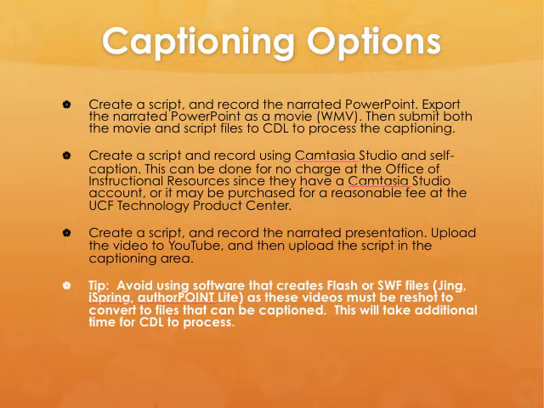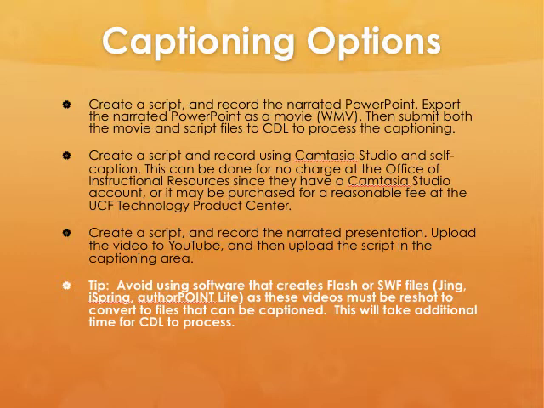Another option, create a script and record using Camtasia Studio and self-caption. This can be done for no charge at the Office of Instructional Resources, since they have a Camtasia Studio account, or it may be purchased for a reasonable fee at the UCF Technology Product Center. Another option, create a script and record the narrated presentation.